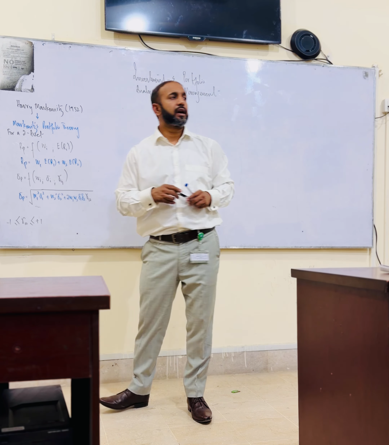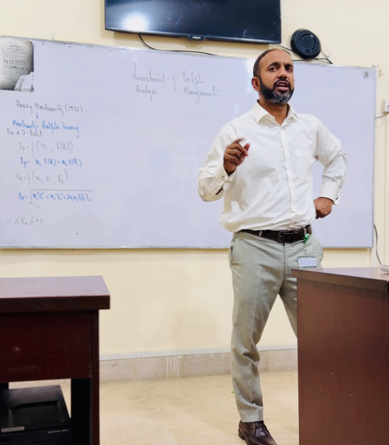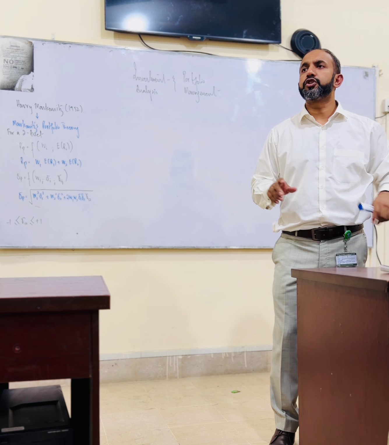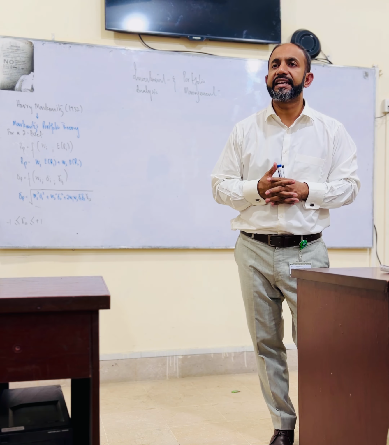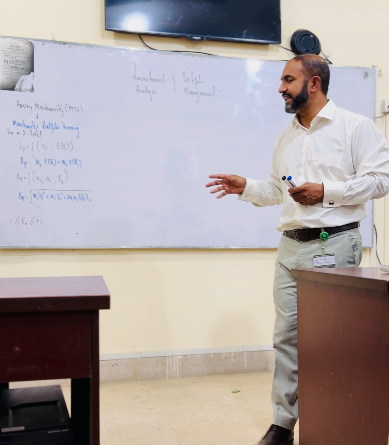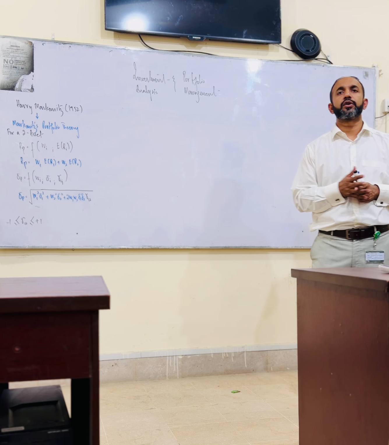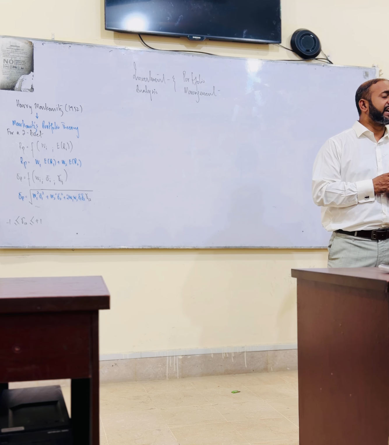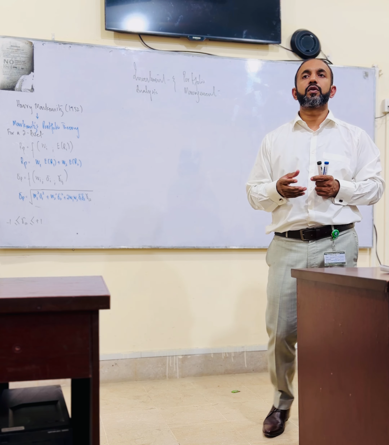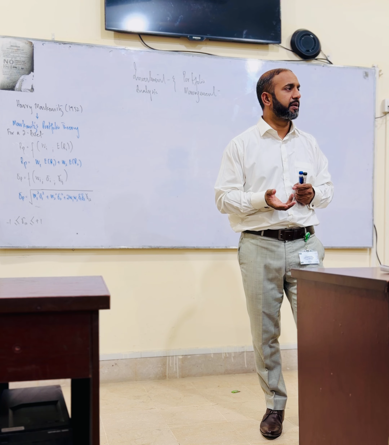So ideally, according to Markowitz, the correlation between two assets that are selected for inclusion in the portfolio should be perfectly negatively correlated with each other. If they are perfectly negatively correlated, that is good. If they are not perfectly negatively correlated, then if they are negatively correlated, that is also acceptable.